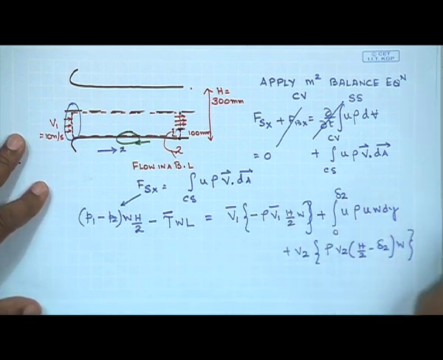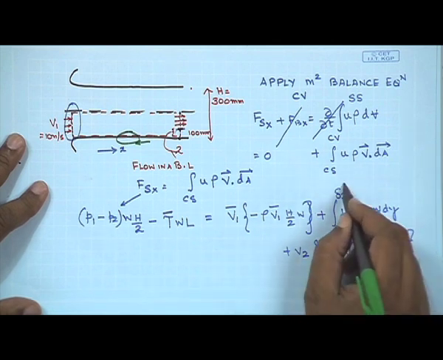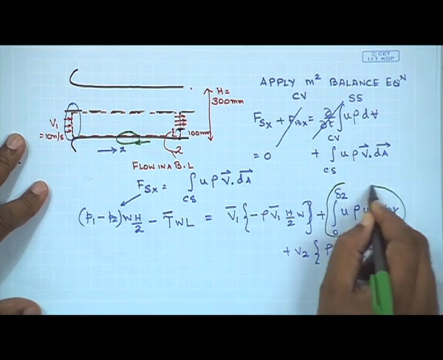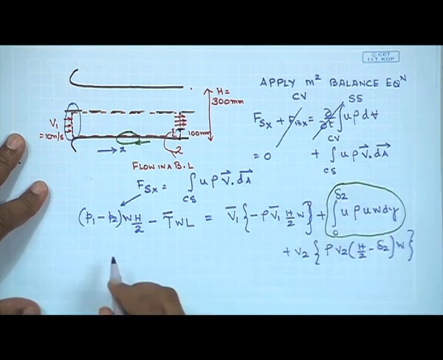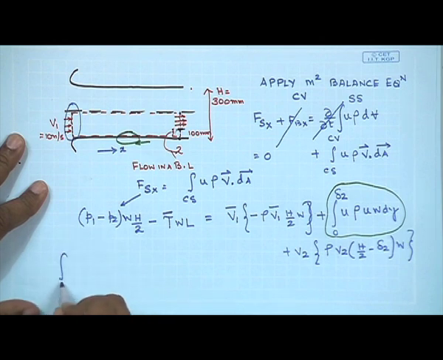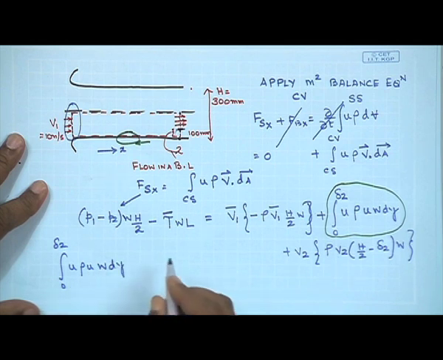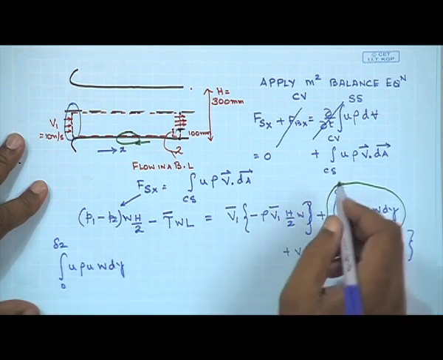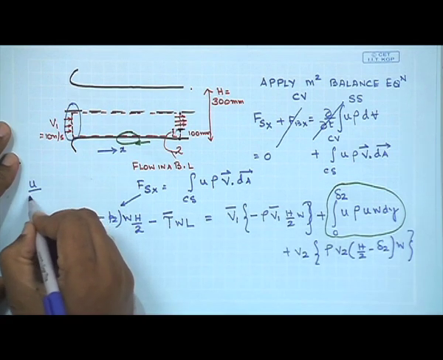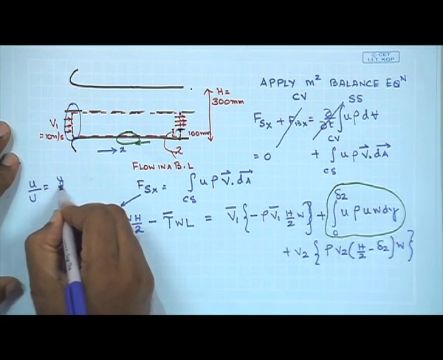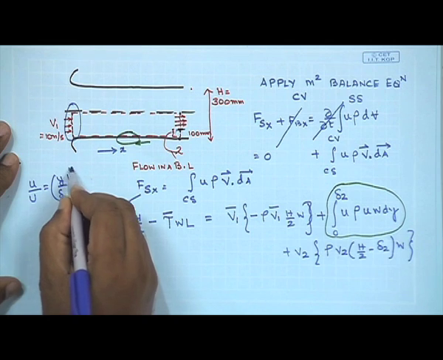So let's try to evaluate this term first. So what we have then is 0 to delta 2 u rho u times w dy, and we realize that we have a relation which is u by U to be equal to y by delta to the power 1/7.